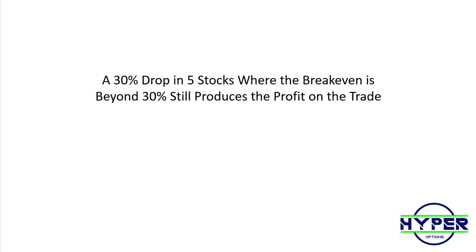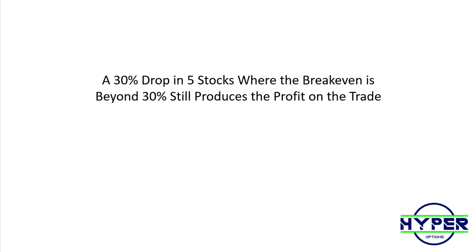All right, so if we take a look at 5 different stocks and we look at a 30% drop in 5 different stocks where the break even is beyond 30%, all the stocks still produce the entire profit on the trade.